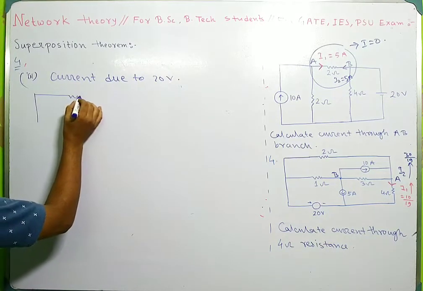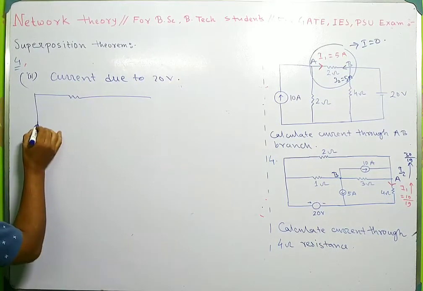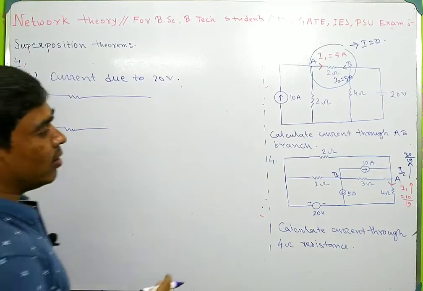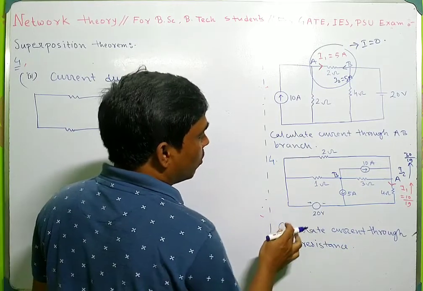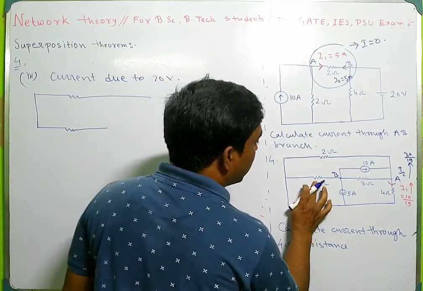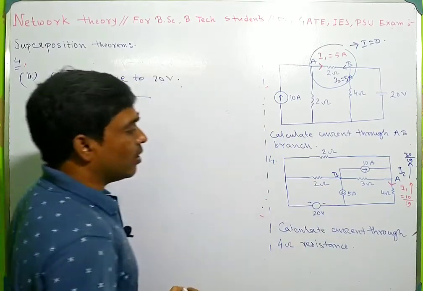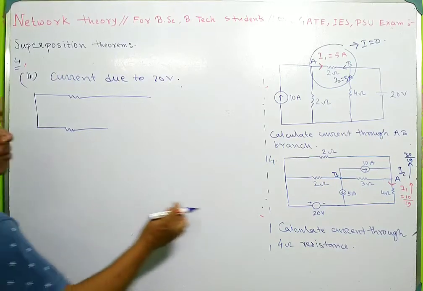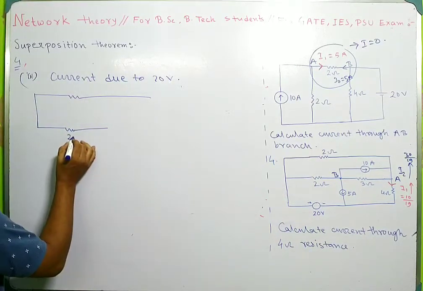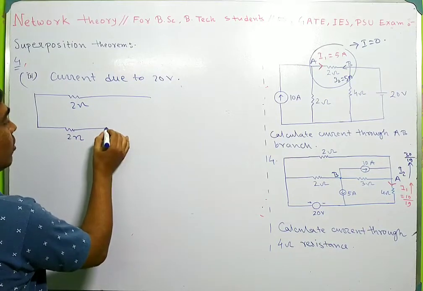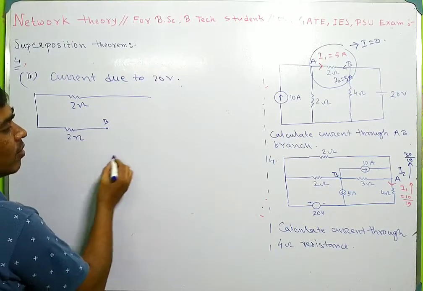So this is a 2 ohm resistance, this is a 2 ohm resistance, this is 2. Here in all the cases we have taken this is 2 ohm, this is 2 ohm, this is 2 ohm. So this is B.